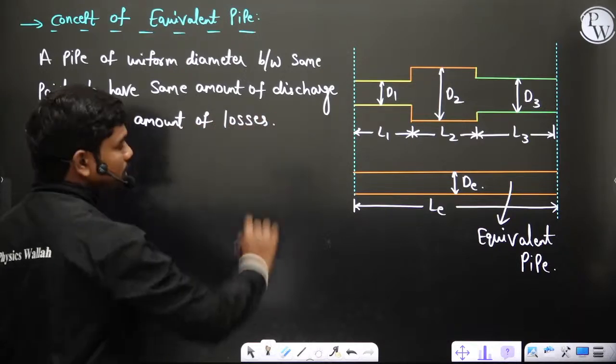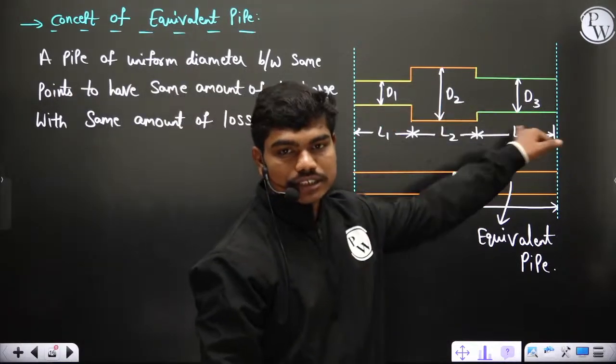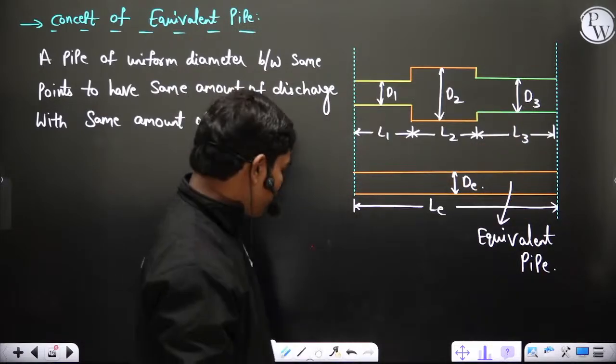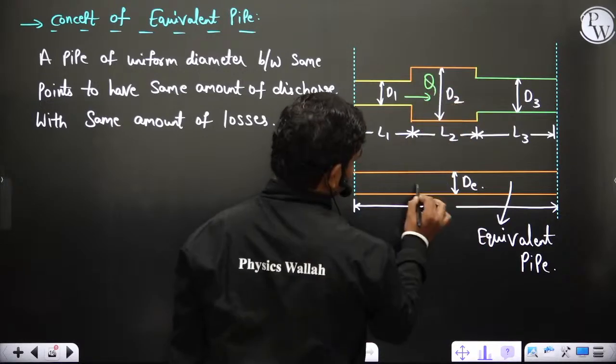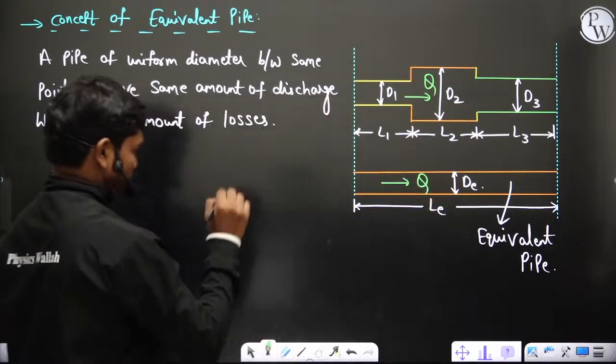Actually, okay, means whatever is the loss in this plus this, the same should be the loss in this total pipe. Now let's see, if the discharge flowing in this pipeline is Q, the discharge that should flow in this pipeline is also Q.